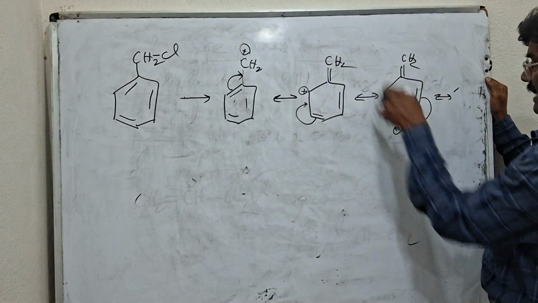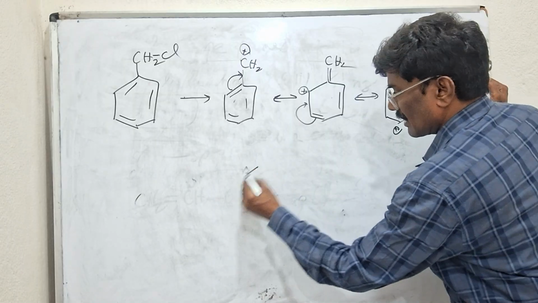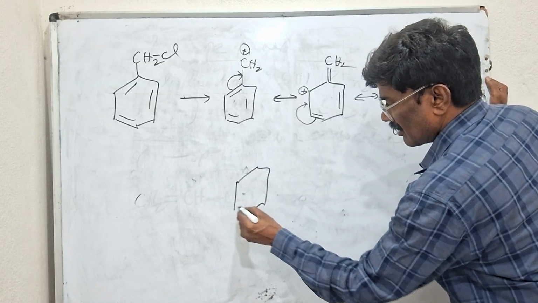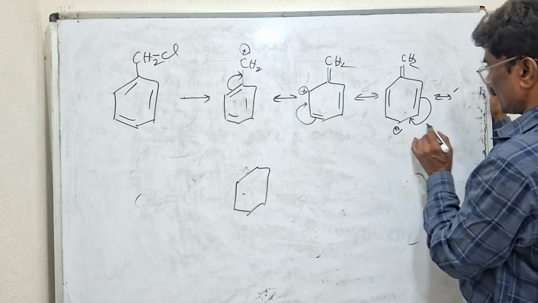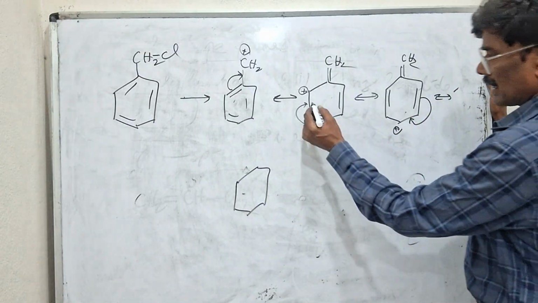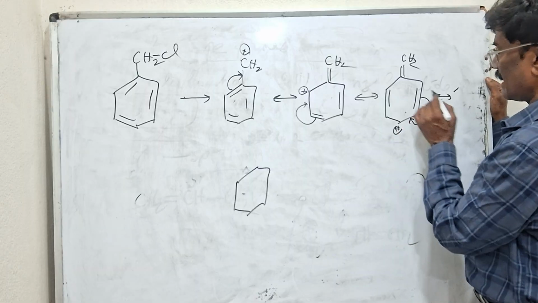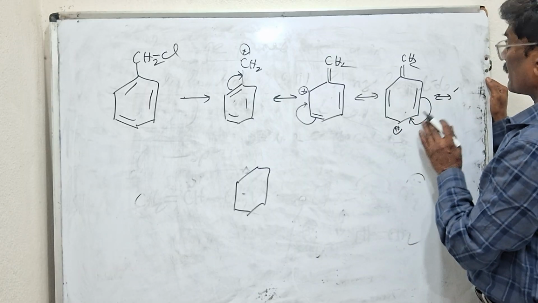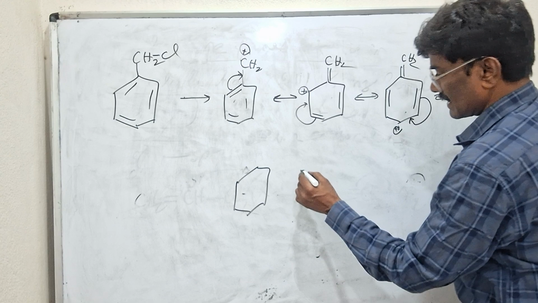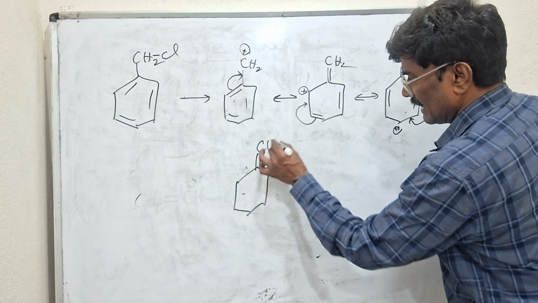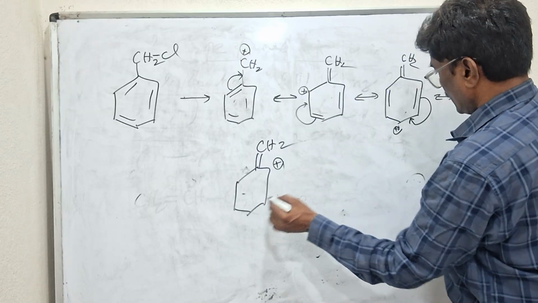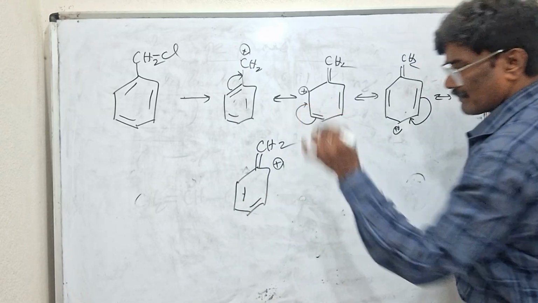As a result of this polarization of the electrons, we get the next resonance structure. Positive charge forms here, with a double bond at CH2, and double bonds here and here.